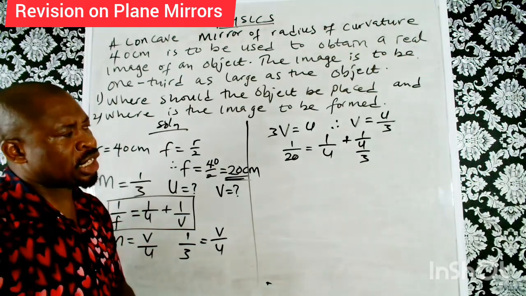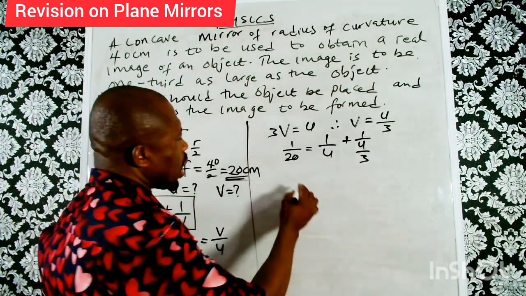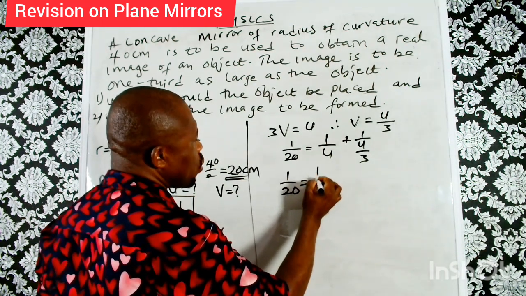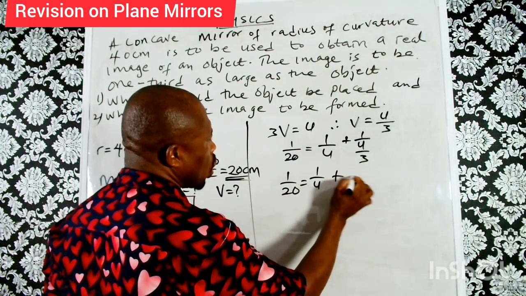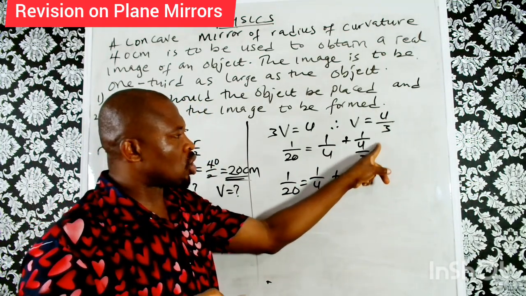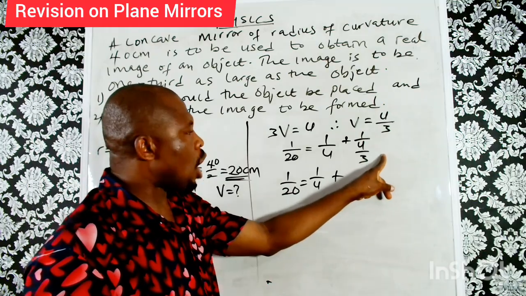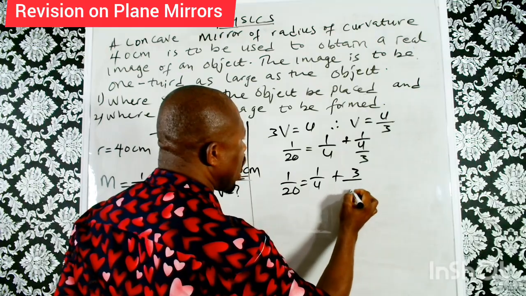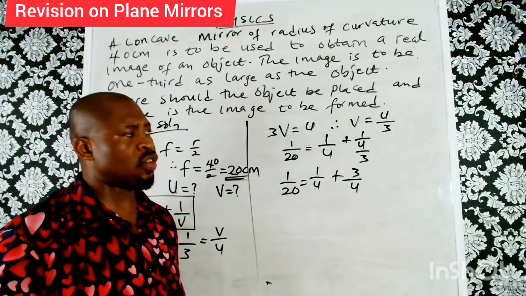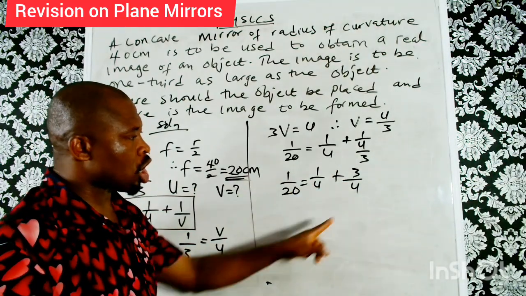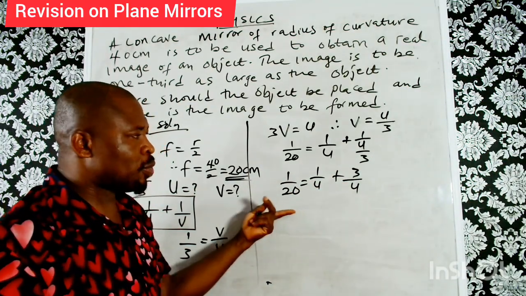What do we do with this? We can now have 1/20 is equal to 1/U plus the inverse of this. Of course, inverse means turn this upside down. When we turn this upside down, we now have 3/U. If we turn this upside down, 3 goes up, U comes down, which is what we have here.